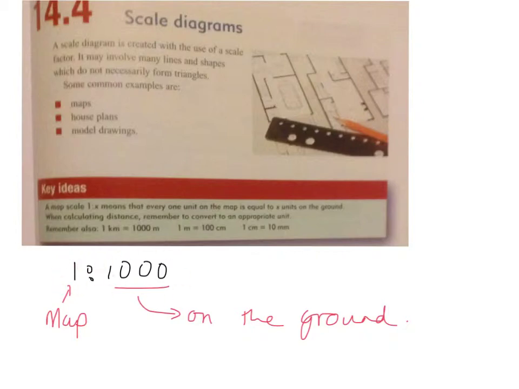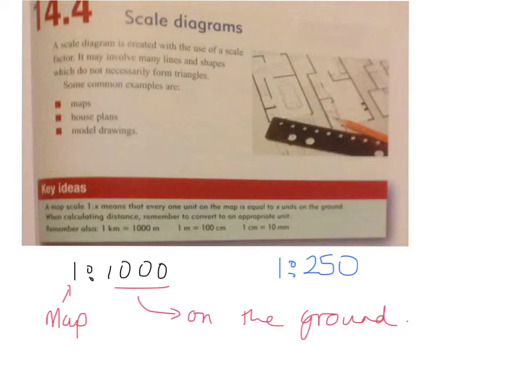We might have a scale that's 1, the two dots, to 250. That might mean 1 centimetre on the map is 250 centimetres on the ground.